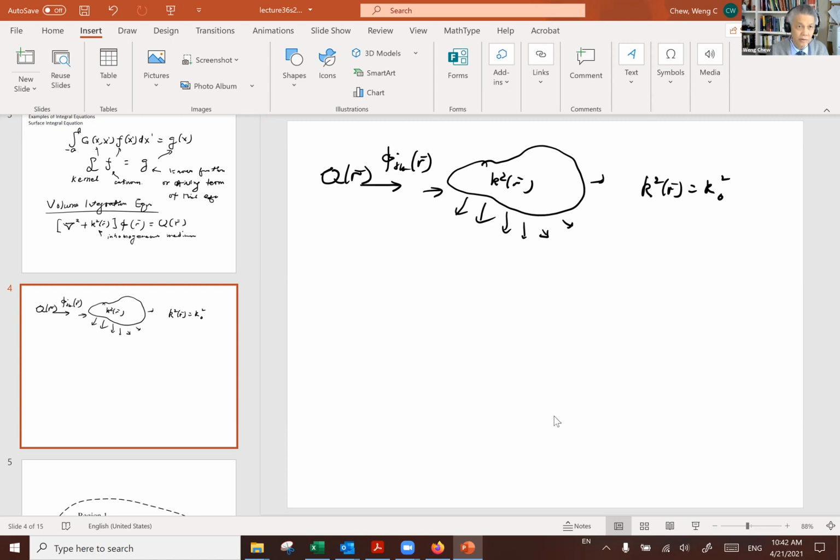Okay, so I can rewrite that equation that I have that elucidates this physics more properly by saying that I can rewrite it as k squared r minus k naught squared.